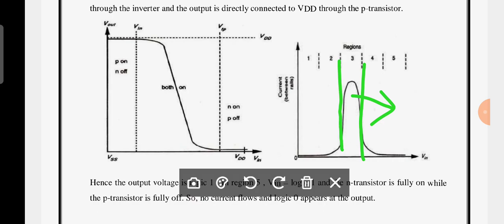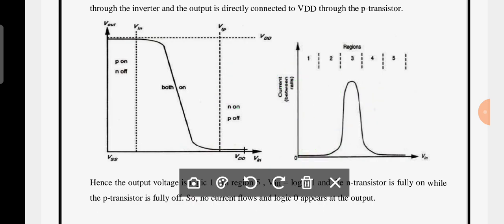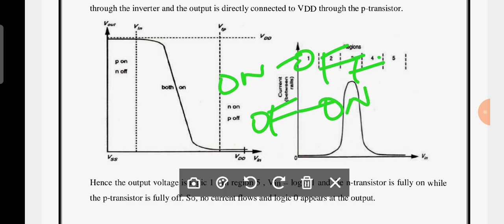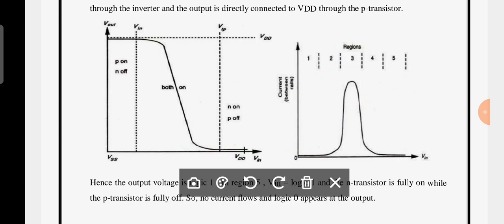Therefore, the input voltage should be in which form? Absolutely, VDD by 2. If you maintain this Vin as VDD by 2, then there is a fast switching from on to off and from off to on. Therefore, even though there is a static current flow, it is negligible. Is it clear?